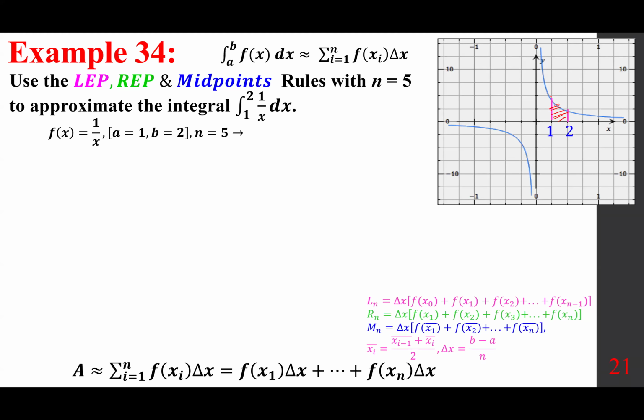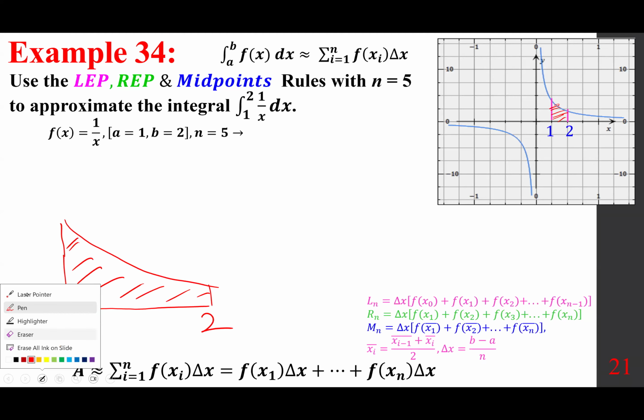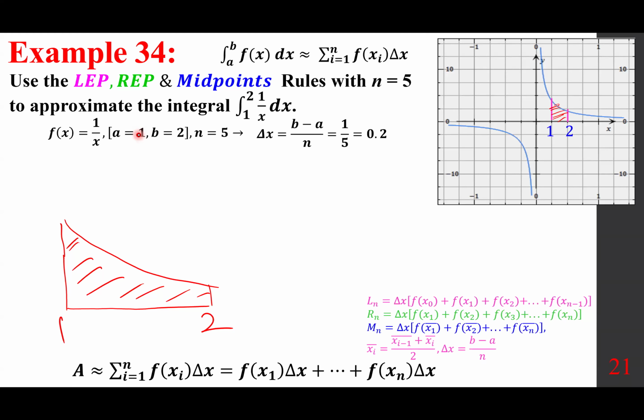So first of all, let me just make it huge. So we want this one that goes from 1 to 2. We make it larger so it becomes easier to see what we want. So the very first thing I need to calculate is delta x. Delta x is b minus a, 2 minus 1, over 5, which is 1 over 5 or 0.2.